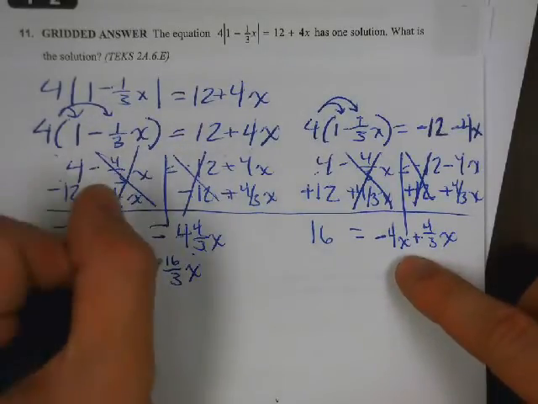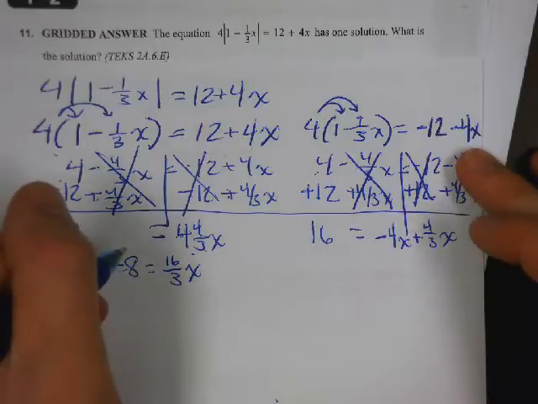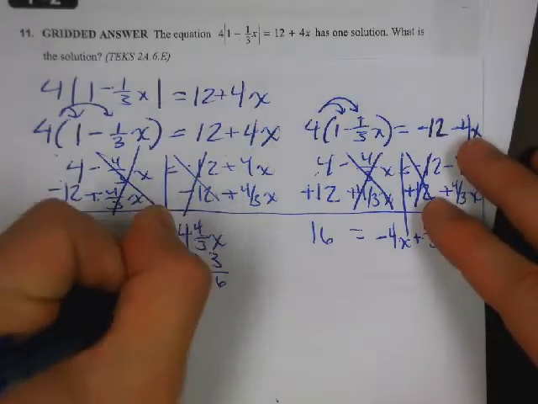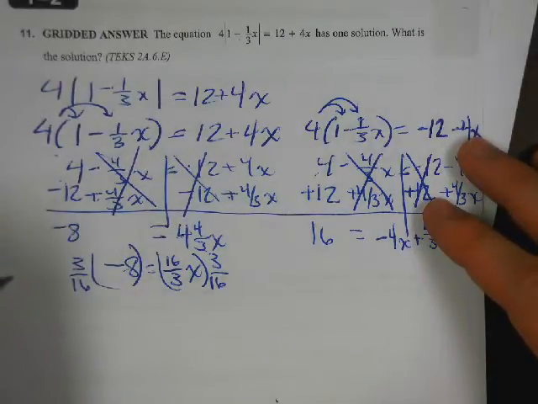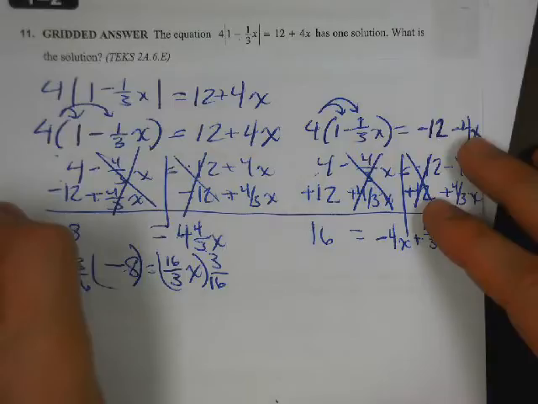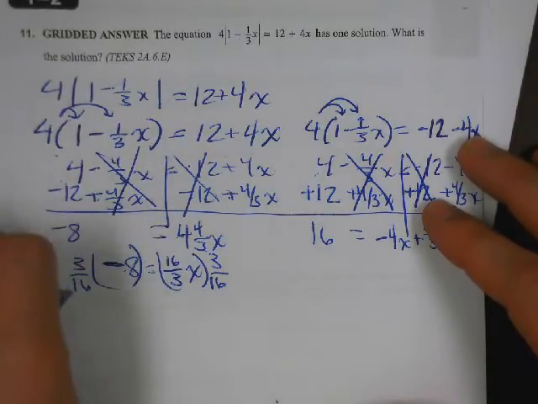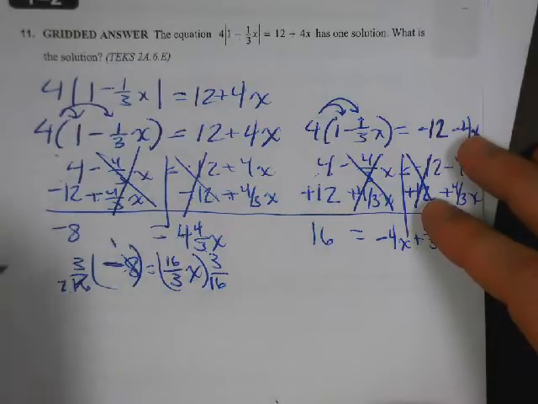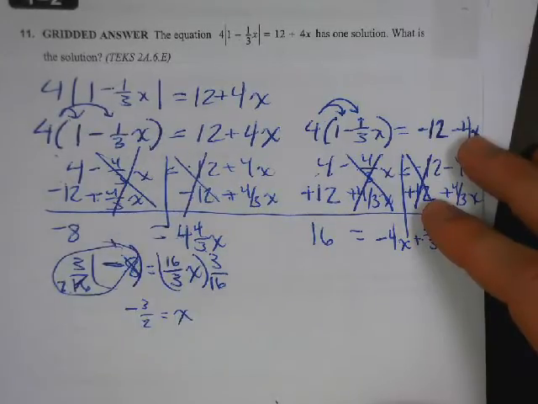On this side, we're going to multiply by the reciprocal. And 8 divided by 16 is 1 over 2. So this answer right here is negative 3 over 2 equals x.